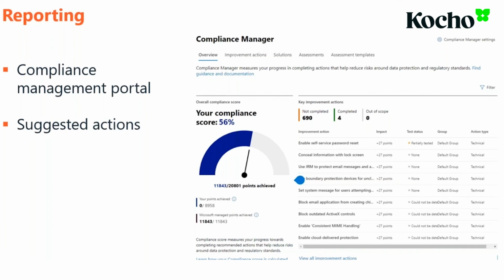There are also suggested actions in here for improving your compliance score. And that could be something as simple as making sure you have a DLP policy in place that blocks the transmission of confidential files, or that blocks the download of files to non-standard devices.